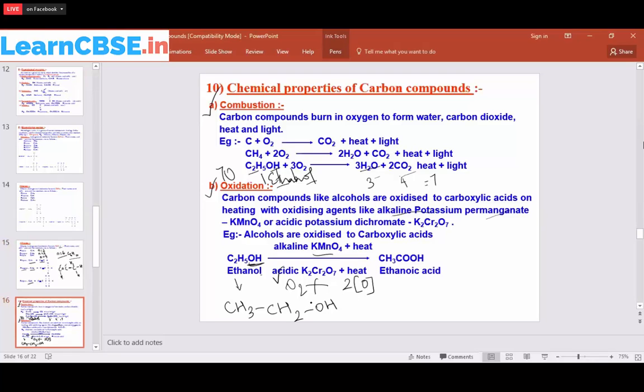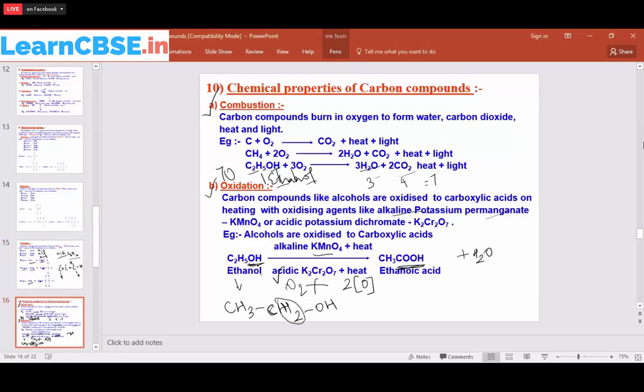So what will it do? One oxygen atom will combine with this H2 and it forms H2O. So plus H2O will come over here. One more oxygen is left over here, so that will add up with this carbon atom and it forms the COOH, the carboxylic acid group.